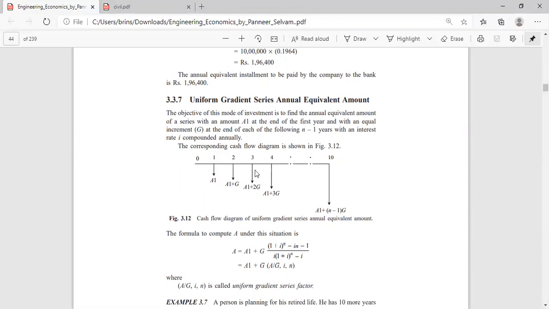In the third year, he adds extra again, and in the fourth year, an extra, and it goes on until the end of the tenure period.